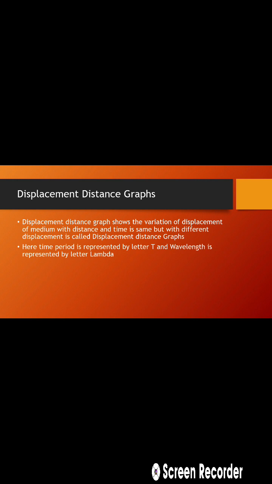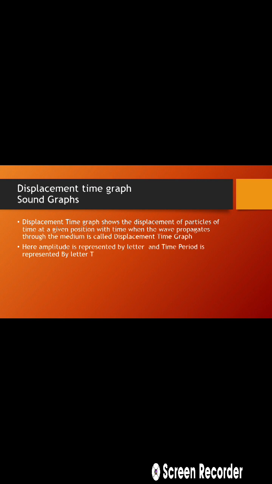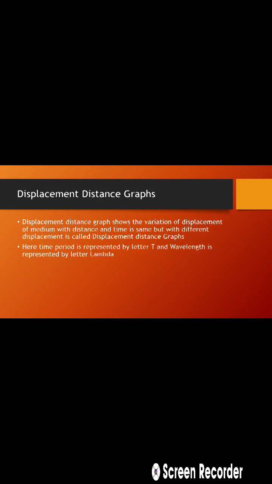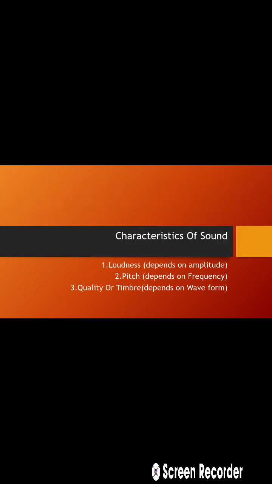Here the graph represents that time and distance are the same but displacement is different. Only displacement is different, the rest are the same. Here time period is represented by the letter T and wavelength by lambda.